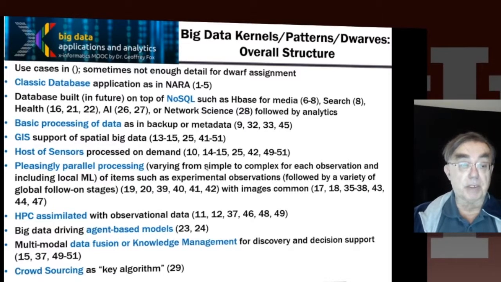After that, we mention high performance computing assimilated with observational data. And simulation is a way of using the data to improve the simulation, because inevitably, when you are doing weather simulations, for example, you don't have enough data to be precise.